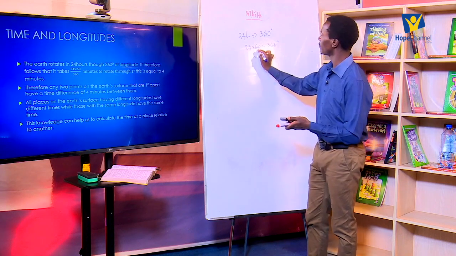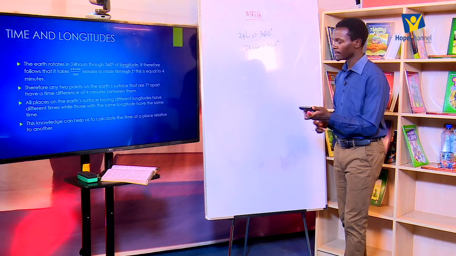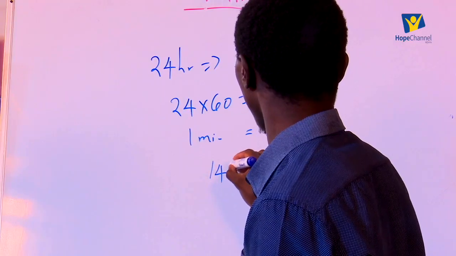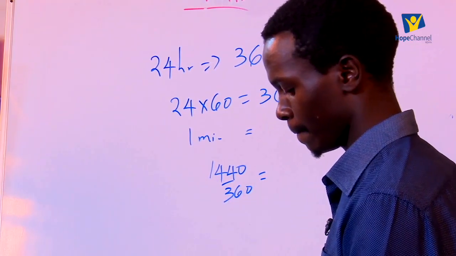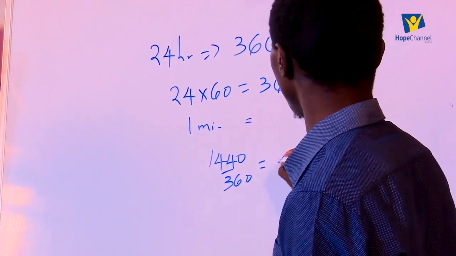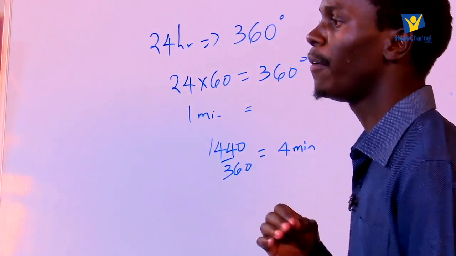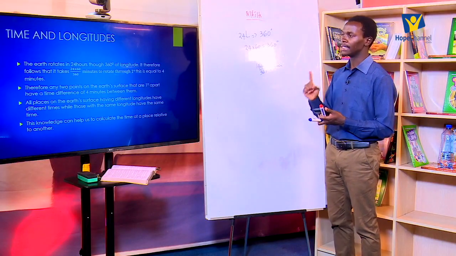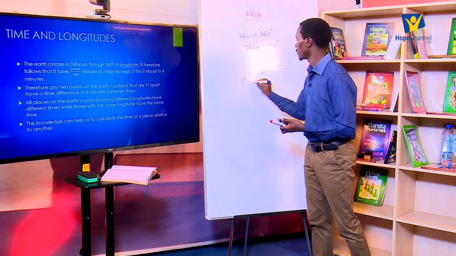Remember, this one has been converted to minutes, the 24 times 60, that gives us 1440. So that will be 1440 over 360. That gives us 4 minutes. So the Earth takes 4 minutes to rotate through an angle of 1 degree. So 1 degree is equal to 4 minutes.